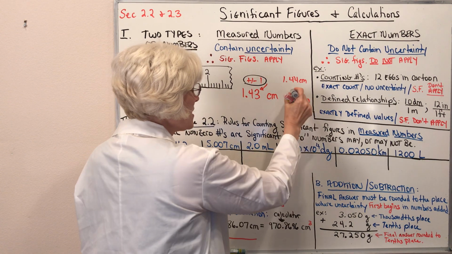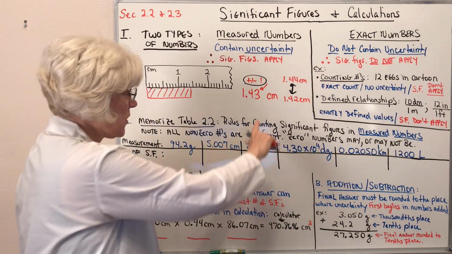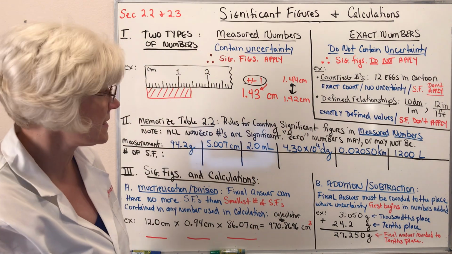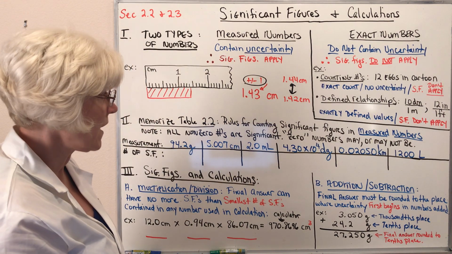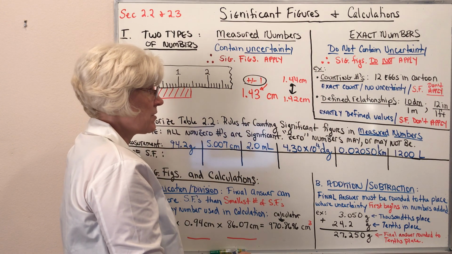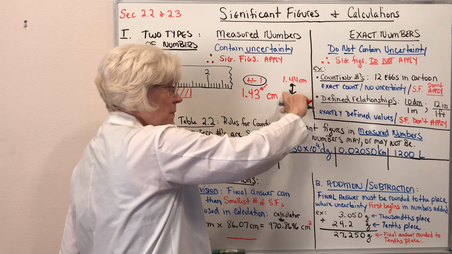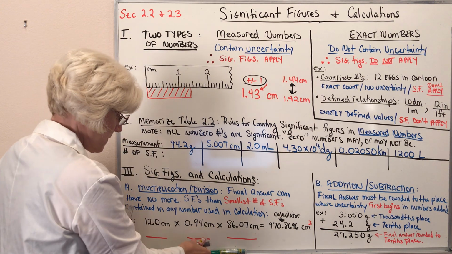We don't actually know what the true length is. Our uncertainty is in the hundredths place, and it's understood to be plus or minus 1 in the last significant digit written. We expect that the true value lies in that range.